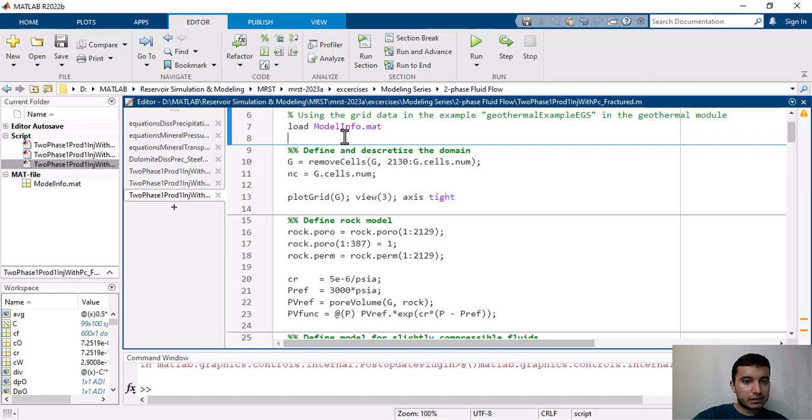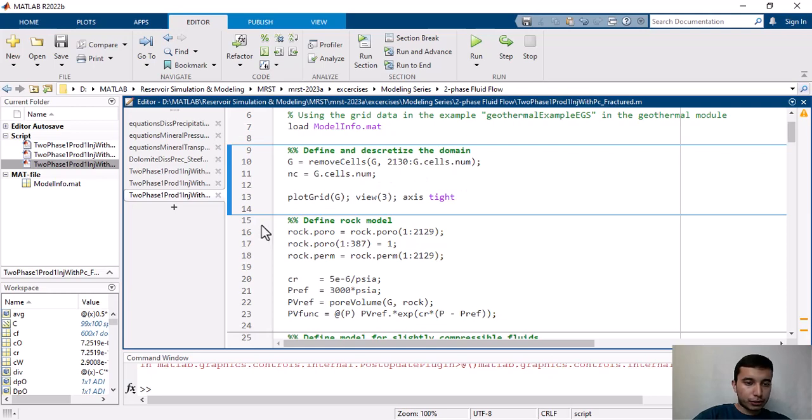I have loaded this set of data, and because it's a very big model, actually three-dimensional, I have removed the cells of all the layers of the domain except one of them. So the model that I have here is two-dimensional, in order to reduce the computational time.